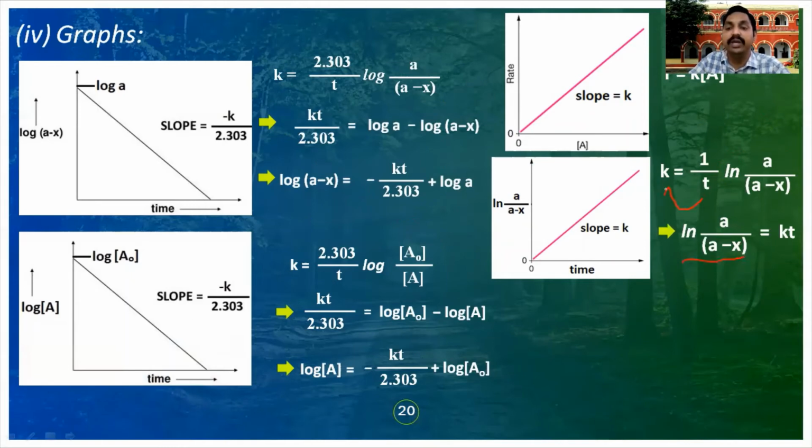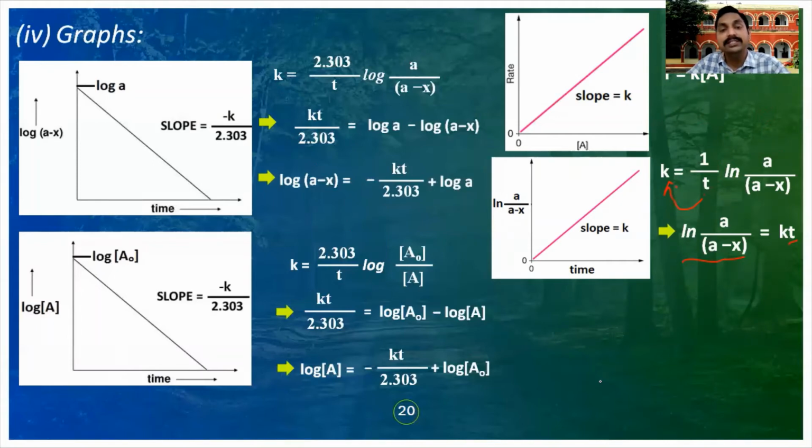How? This t we have brought to the left hand side, so it will multiply k. Therefore ln A by A minus x is equal to kt. So if you plot a graph between ln A by A minus x versus time, it is just like a y is equal to mx plot. Therefore, slope is equal to k.